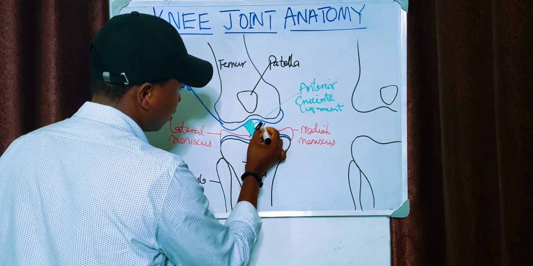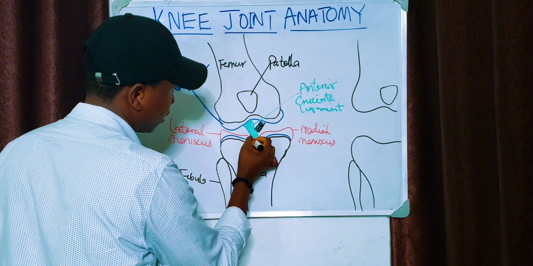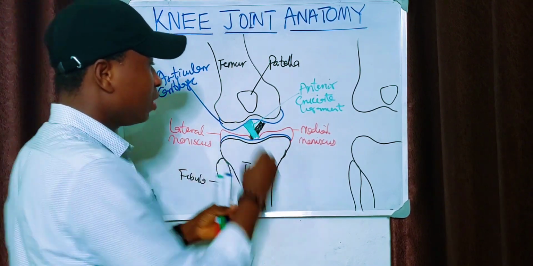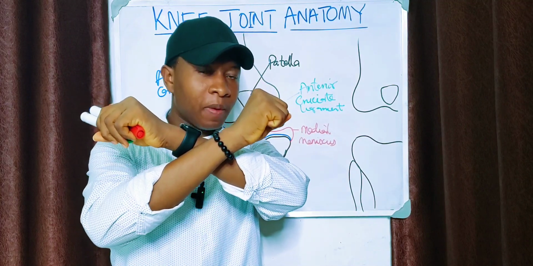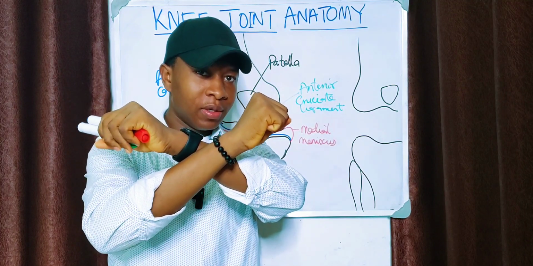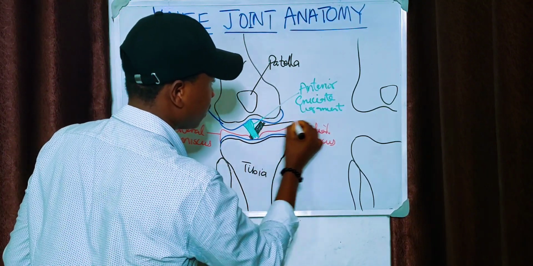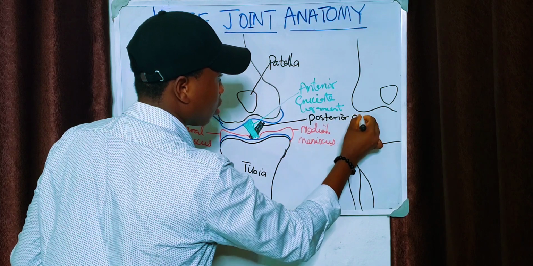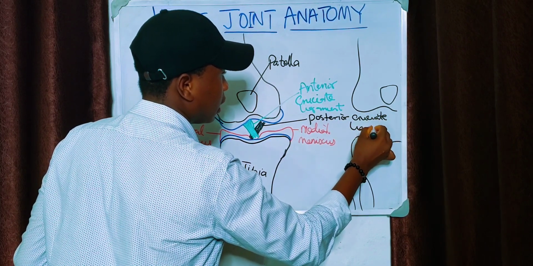So we have the posterior cruciate ligament here. If you observe, these two ligaments form something like a cross, like this. So this is how it is behind your knee. It is very important. This is the posterior cruciate ligament.